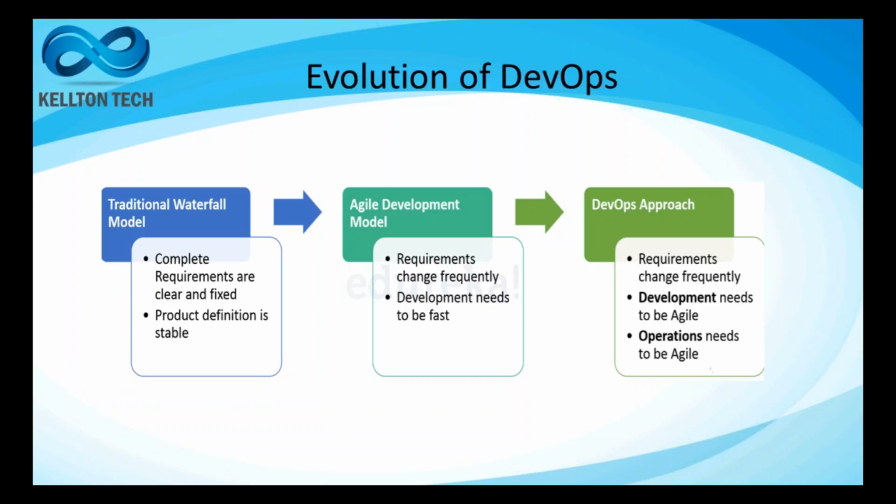In the traditional Waterfall model, the complete requirements are clear and fixed. The product definition is stable, but it takes a very long time to promote that code into the production environment, and there is also a lot of time delay between the operations and the development team, and that leads to the Agile development model.